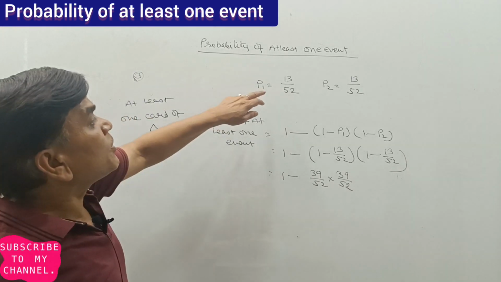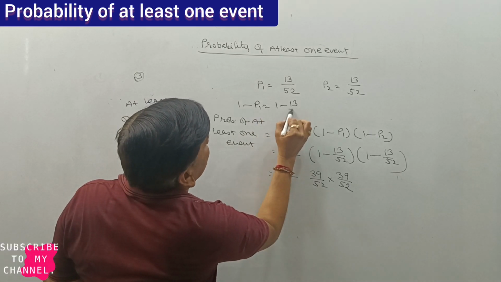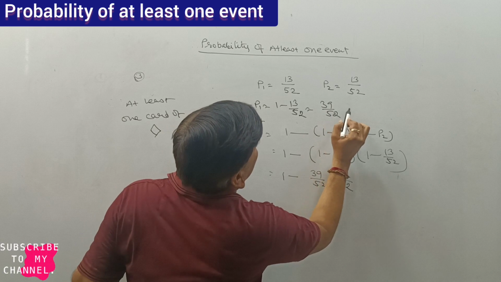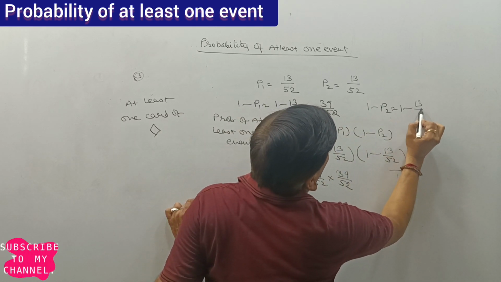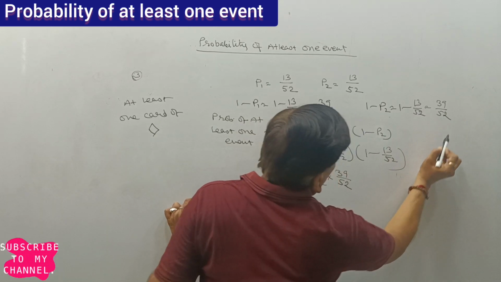So the probability of not having, 1 minus P1, that is 1 minus 13 upon 52, that is 39 upon 52. Similarly, 1 minus P2, that is 1 minus 13 upon 52, and that is also 39 upon 52.